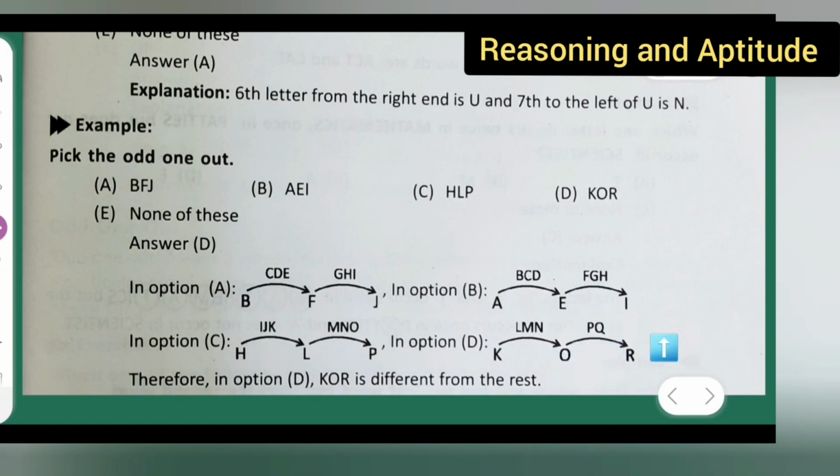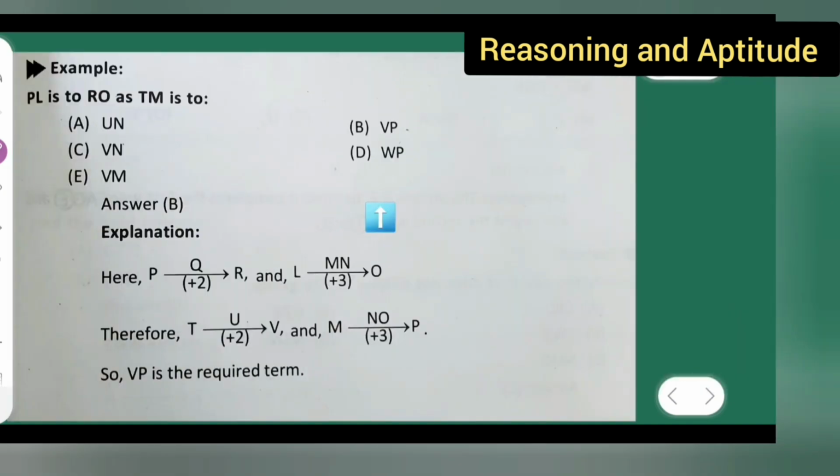We are not getting this. So in option D, K, O, R is different from the rest. So obviously option D is the odd one, so we are picking the odd one out. Next, moving further, next example, let us see.